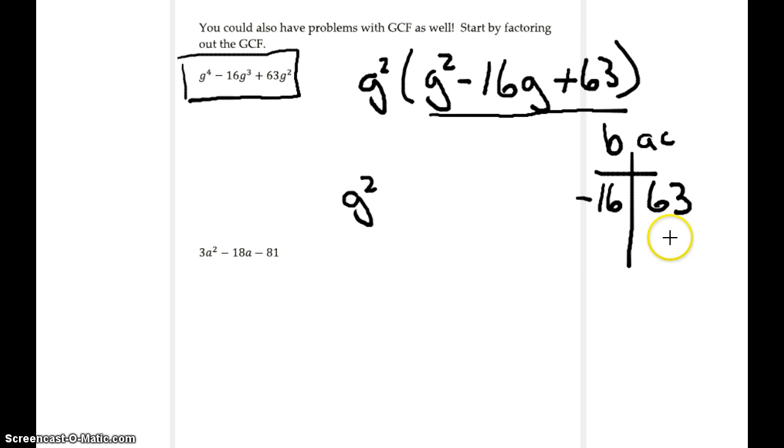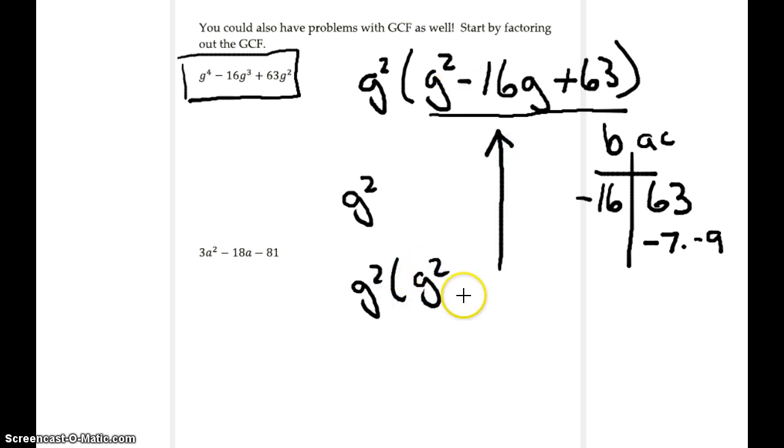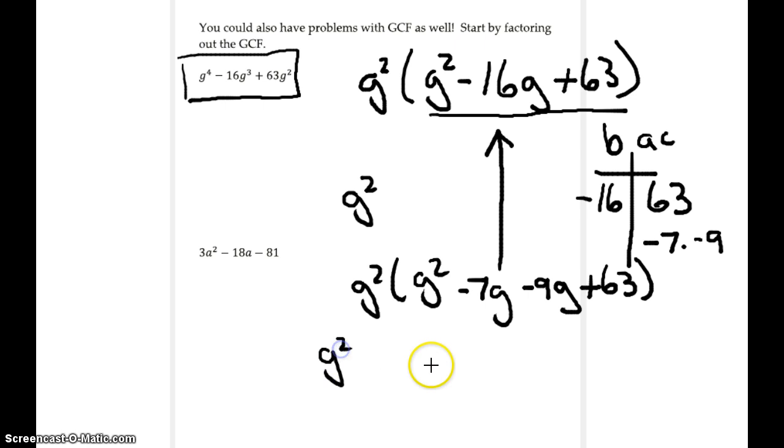Well, I'm going to have to use negative times a negative. And I'm going to take a shortcut here. Negative 7 times negative 9. Negative 7 plus negative 9 gives me negative 16. I now know that the component of this negative 16 comes from negative 7G and negative 9G plus 63. We do grouping again, so the G squared is out here, right?